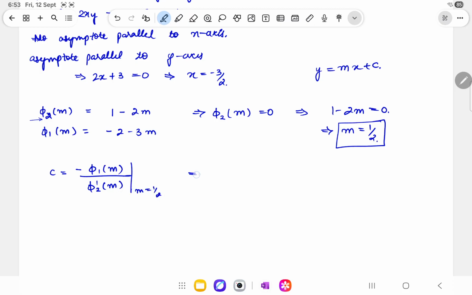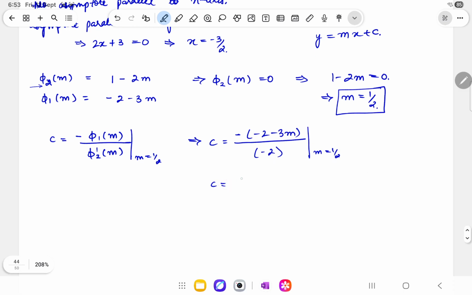If I solve it, I'll be getting c equals to minus of phi 1m, that is minus 2 minus 3m, divided by derivative of phi 2m, that will be basically minus 2, and we are calculating at m equals to 1 by 2. So my c is basically 2 plus 3 into 1 by 2 divided by minus 2.